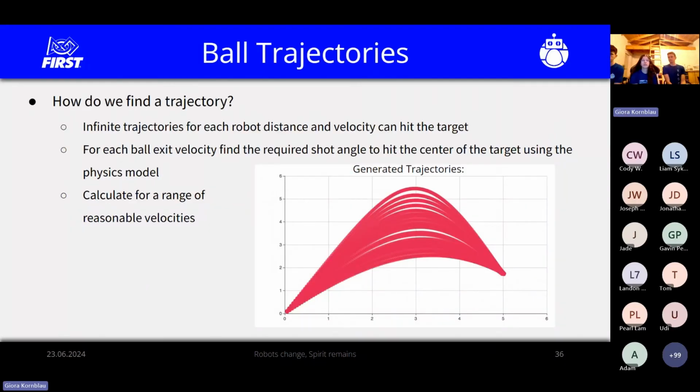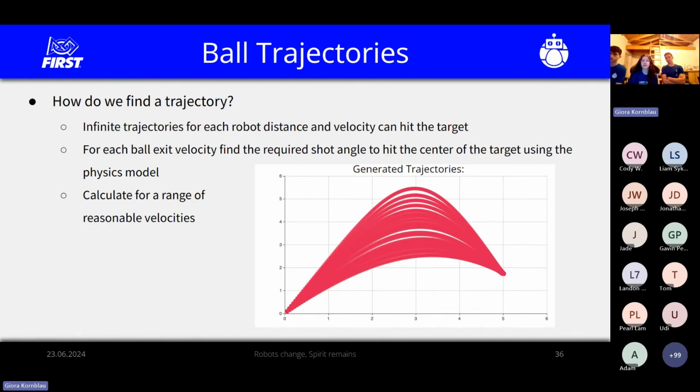So accounting for all these forces, how do we actually find a trajectory with which to shoot the ball? We calculate those trajectories from these physics models, but there are infinite trajectories for each robot distance that can hit the target, because when we change our shooter velocity, the angle will change accordingly, and we'll have more spin or less spin.